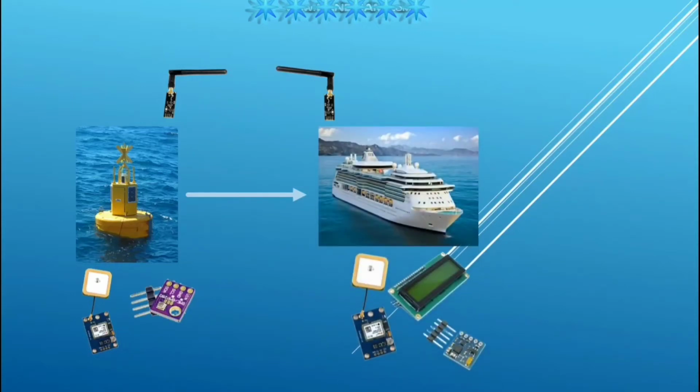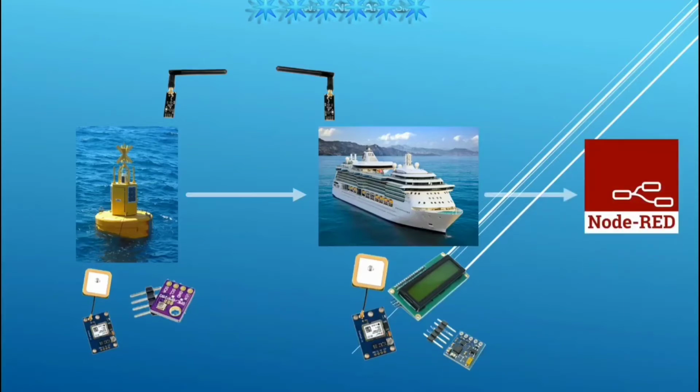Data transmission via wireless media radio frequency uses the NRF24L01. Heading information comes from a compass module, and GPS detects location. At the end, data using the MQTT protocol will be displayed on the dashboard on the right.